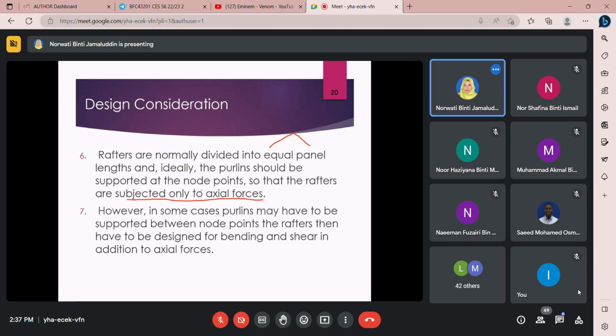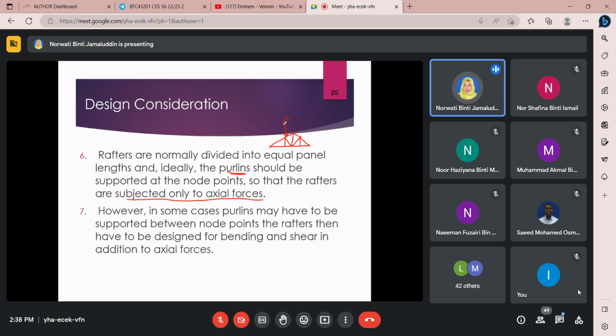If you can ensure that the purlin is located at the knot points, remember I said that the ideal is to have the load on the knot.